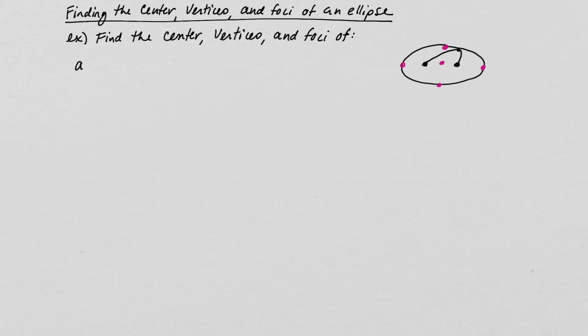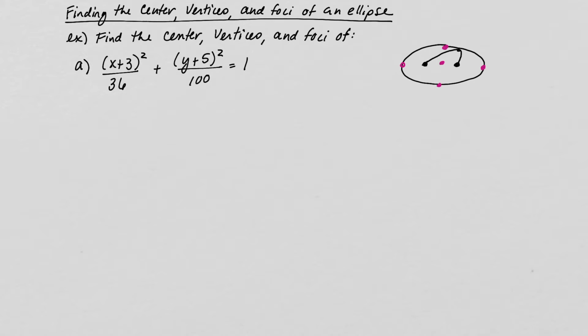Our first problem here is (x plus 3) squared divided by 36 plus (y plus 5) squared divided by 100 equals 1. The biggest thing you have to do is figure out which formula to use on my sheet.